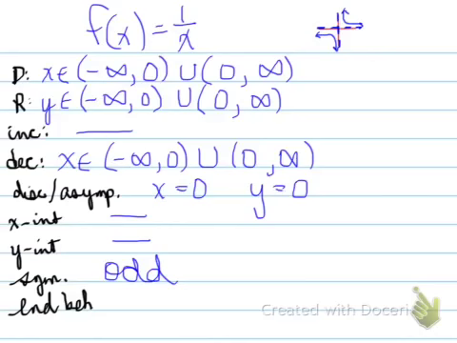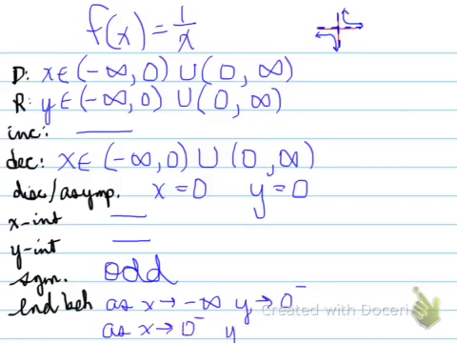In end behavior, there are 4 arrows. If we count the number of arrows, there are 4 arrows. Therefore, we must describe end behavior for each and every single one of these arrows. So, as x approaches negative infinity, let's start with the negative infinity, y approaches 0 from the negative side. As x approaches 0 from the negative side, y approaches negative infinity.